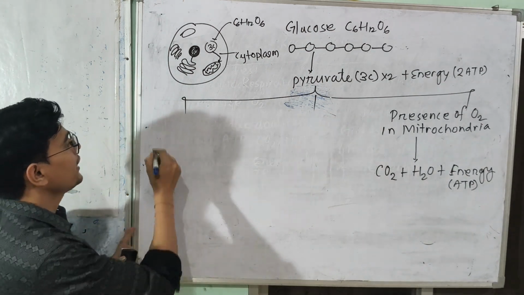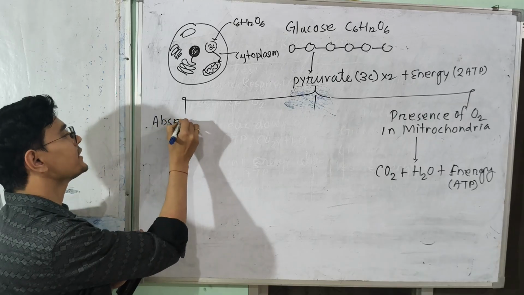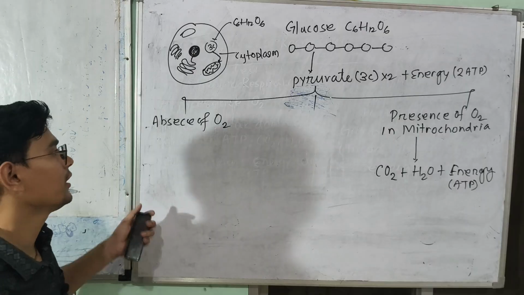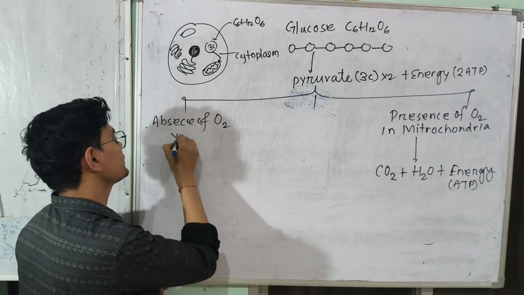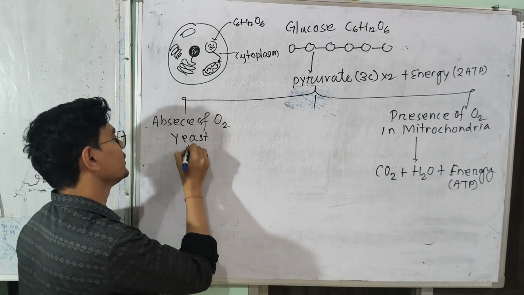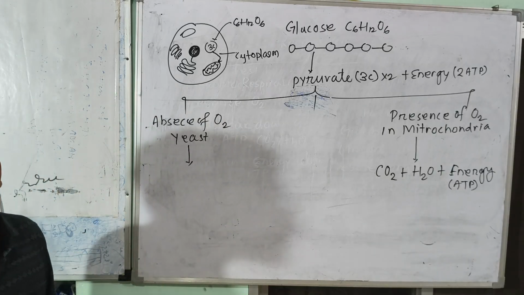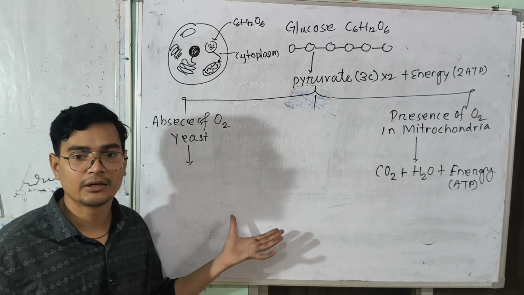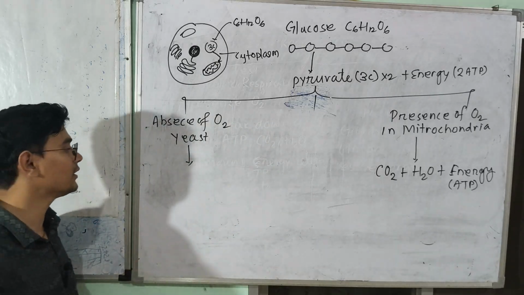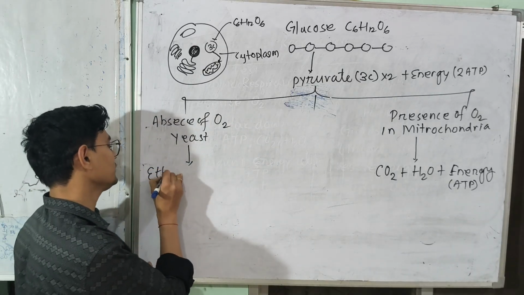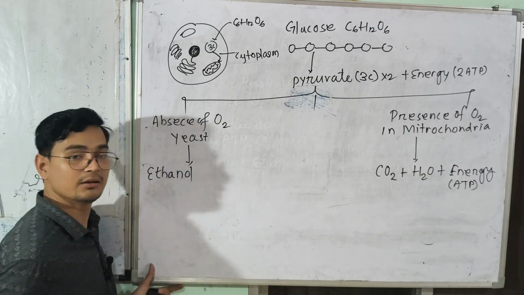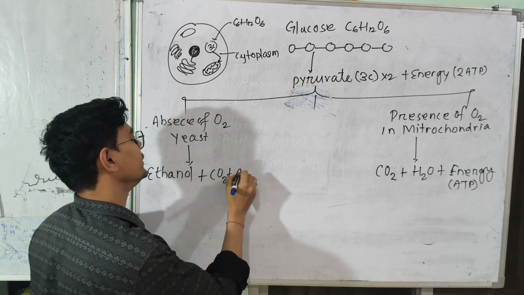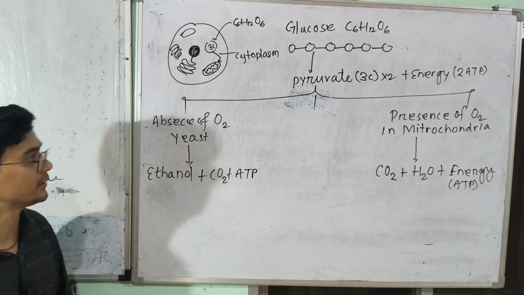Now we discuss the absence of oxygen. Which microorganism? Yeast performs respiration in the absence of oxygen, and here glucose is partially broken down. We get ethanol, carbon dioxide plus ATP, adenosine triphosphate.